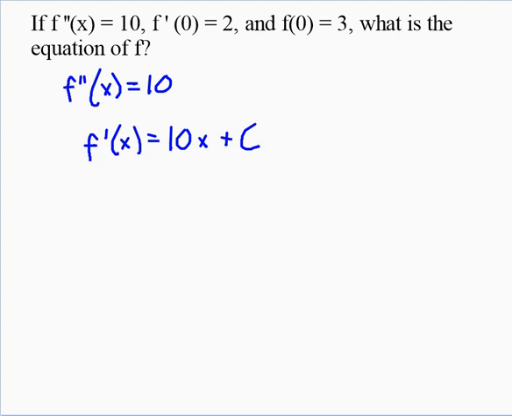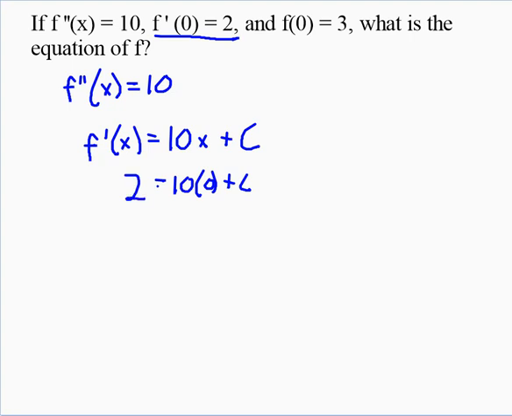But now we know some information about this first derivative. We know the first derivative, when you plug in 0, is equal to 2. So when we put 0 in for x, so 10 times 0, we get that it would equal 2.